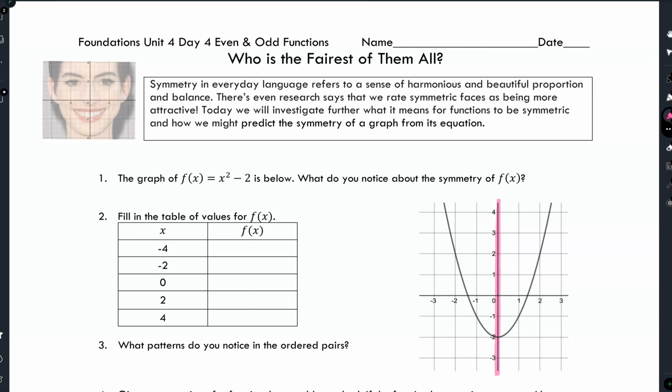It looks the same on the left as the right. So what this means is that f of x is an even function. So when we're even, we have y-axis symmetry.